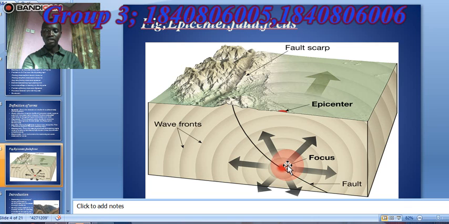So here actually is the focus of an earthquake. If we assume this is a homogeneous isotropic medium, and this is the ground surface, here is the point of rupture called the focus, and here is the epicenter, the point immediately above it on the earth's surface.